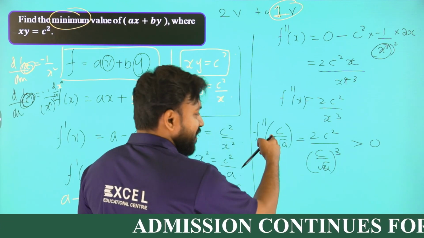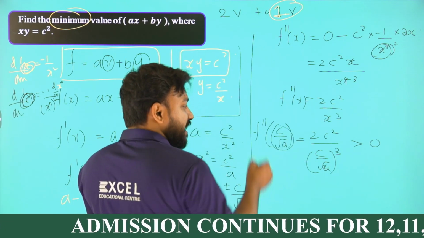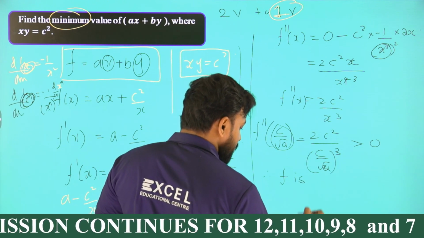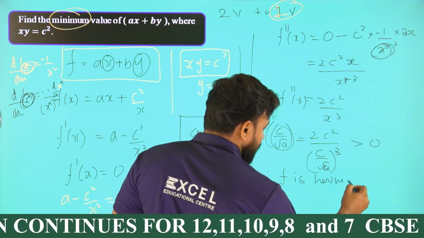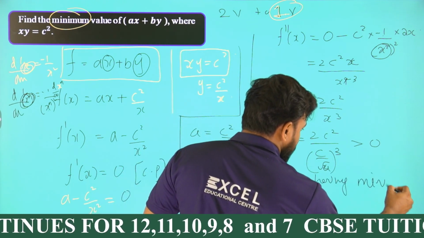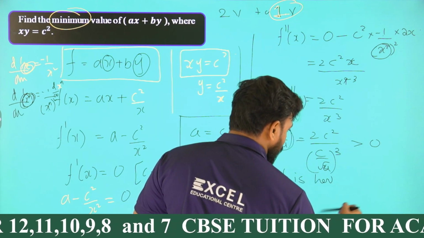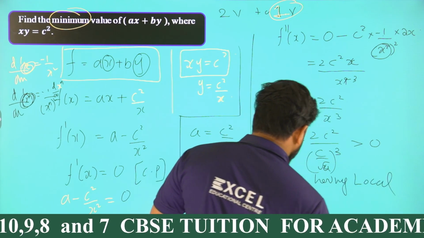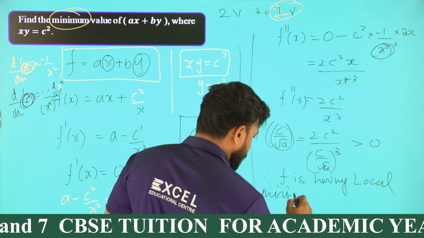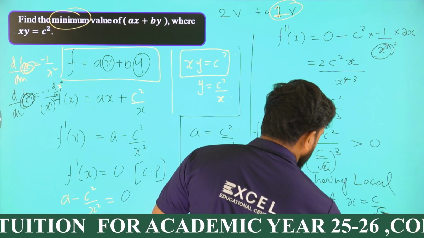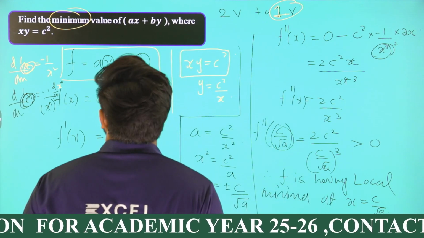Therefore, f double dash at the critical point is greater than 0. Therefore, f is having a minimum, or local minima, at x equal to c by root a.